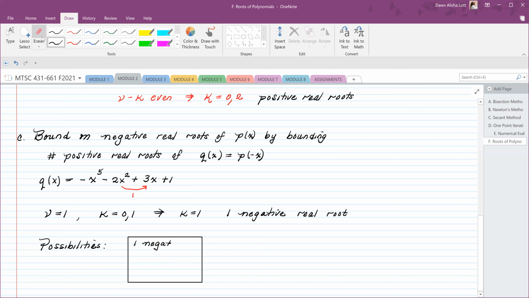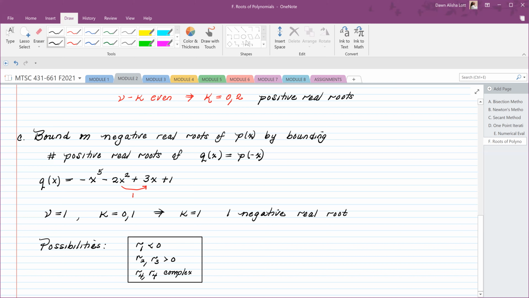So the possibilities: that is one negative root. Okay, so let me write it like this. R1 is less than 0, R2 and R3 are greater than 0, and then R4 and R5 are complex conjugates.